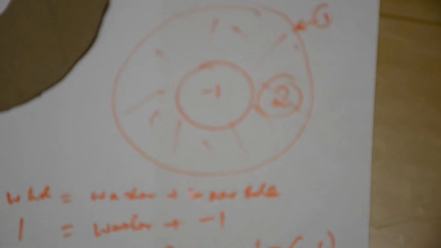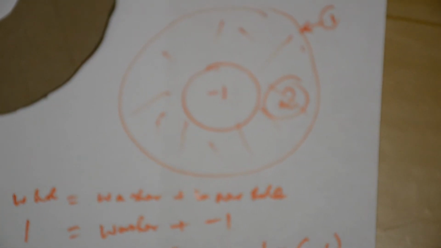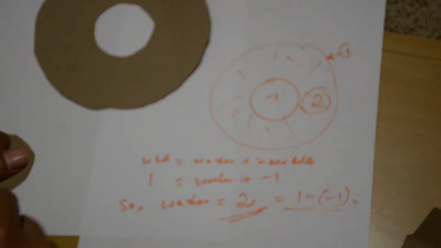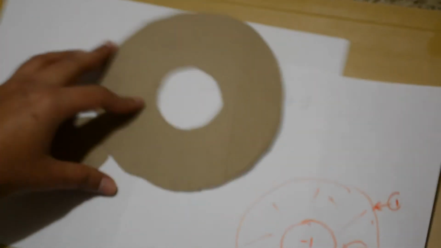So now what do we understand from this? Coming back to the starting point, we started with a blank paper and we called that blank paper 0.